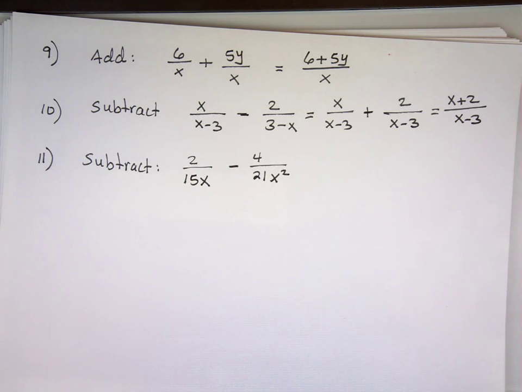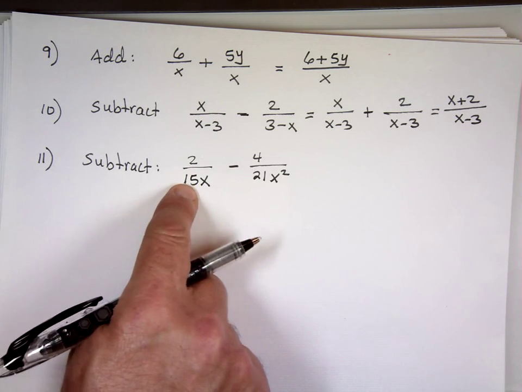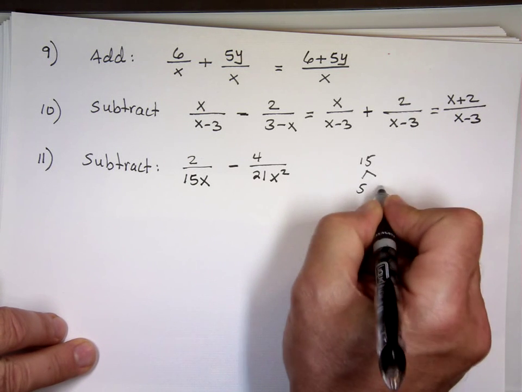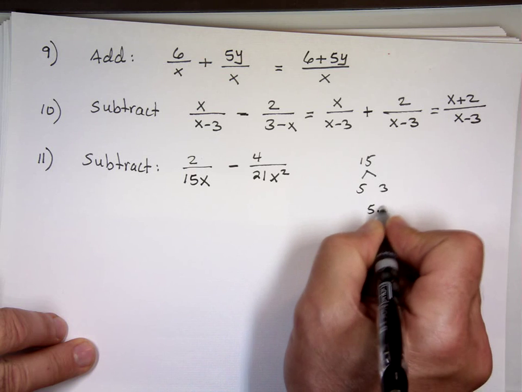Now the LCD here, to add or subtract, the bottom has to be the same. Obviously we can see the bottom is not the same. I've got to look at the 15 and the 21. Well, 15 is 5 times 3.